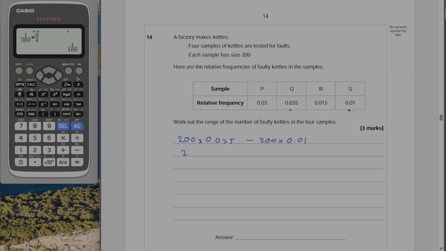So in effect, that's going to be 200 times 0.035 minus 0.01, which is going to be 200 times 0.025. So 5.